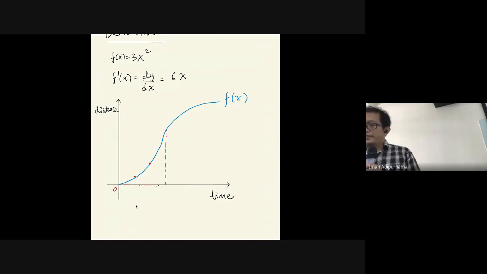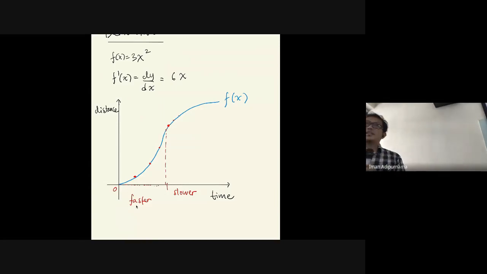So from the starting position, you are getting faster, right? The distance you traveled is longer. But after some point, maybe around here, your distance is getting shorter, not as long as before. So in this interval, you're getting slower.